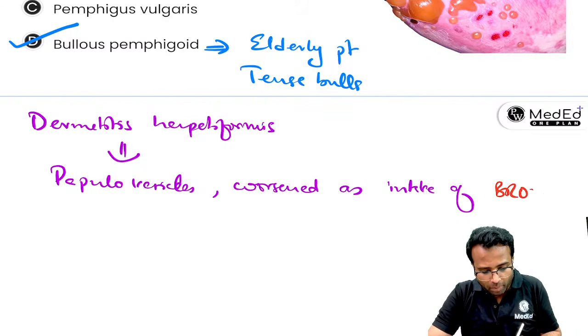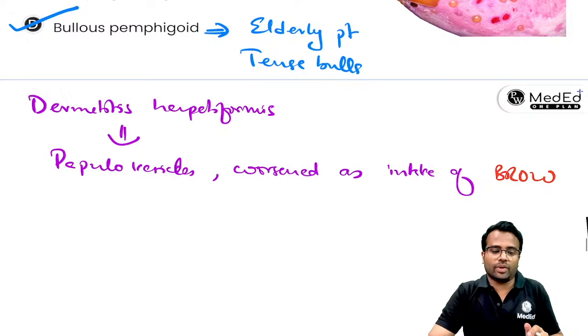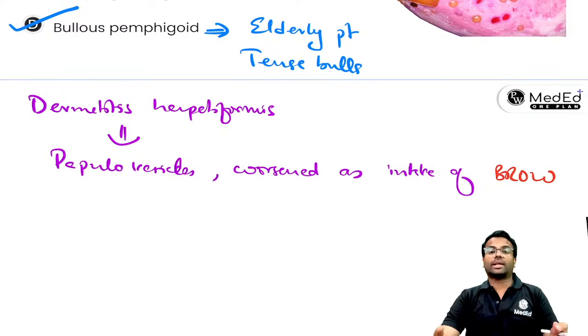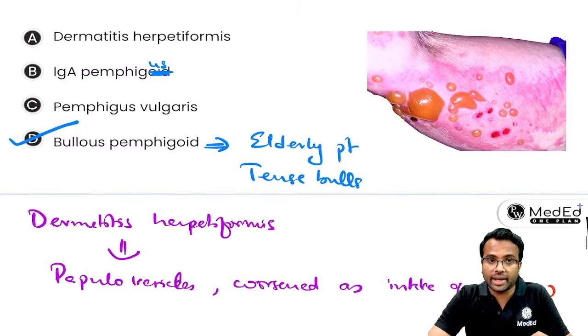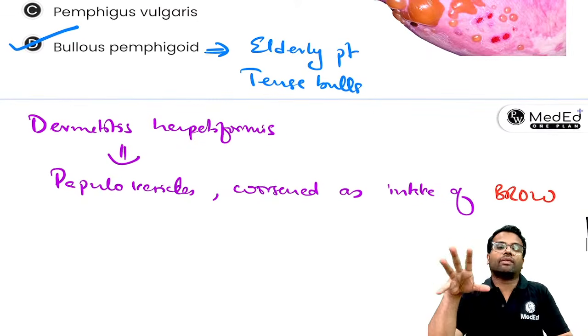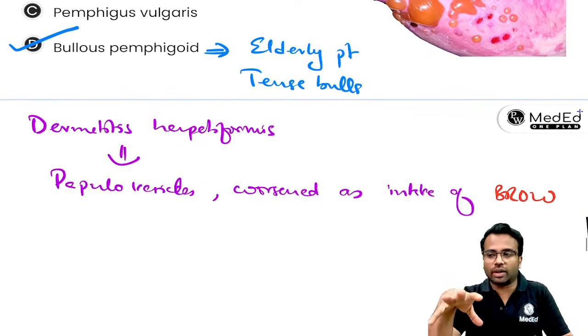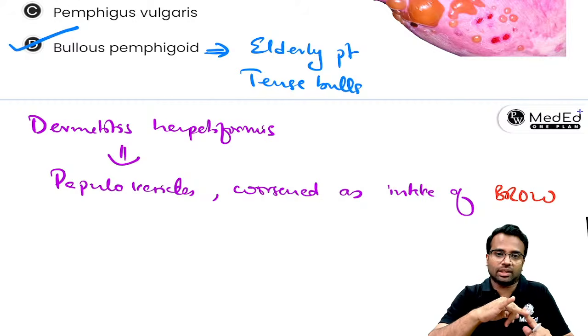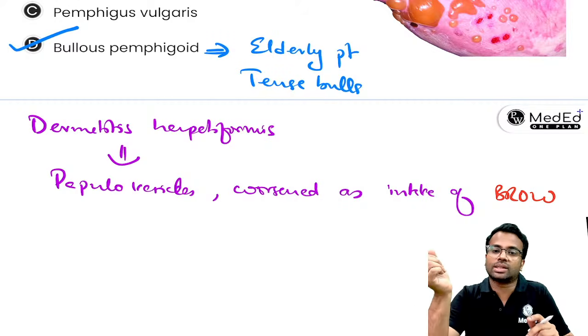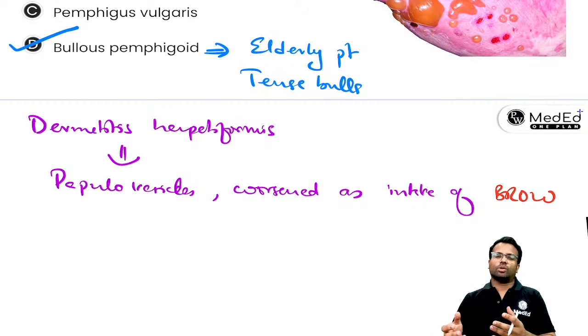So what is BROW? Barley, rye, oats and wheat. So if it was dermatitis herpetiformis, like in option A, the patient will never develop a bulla. Instead, the patient would develop papulovesicles in the body, which get worsened whenever the patient consumes barley, rye, oats or wheat.